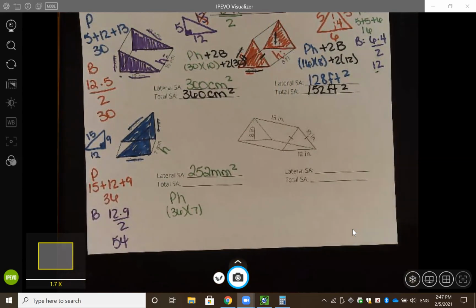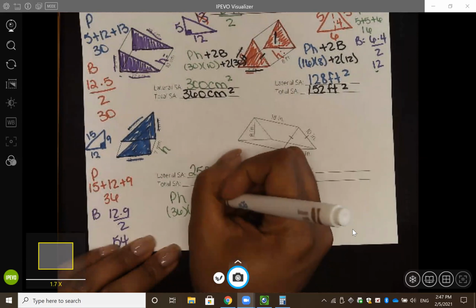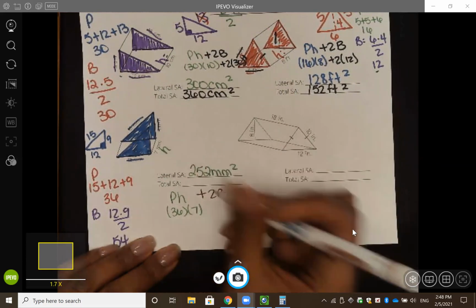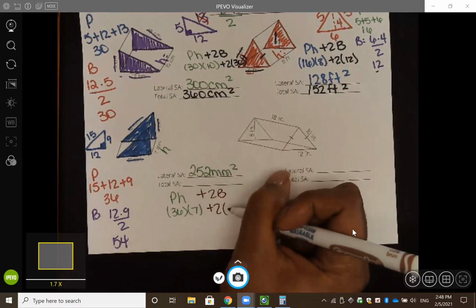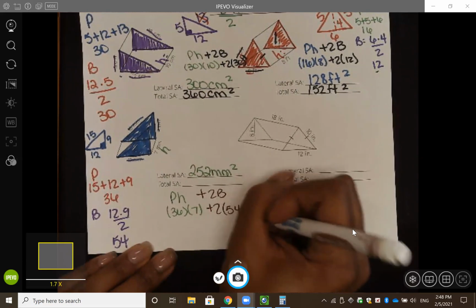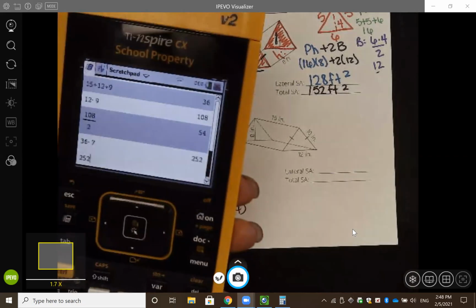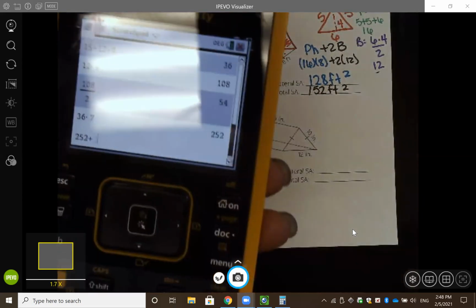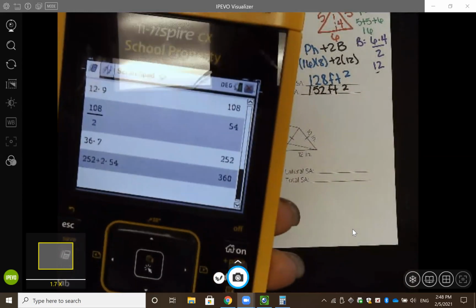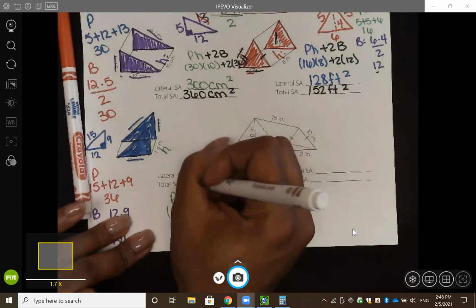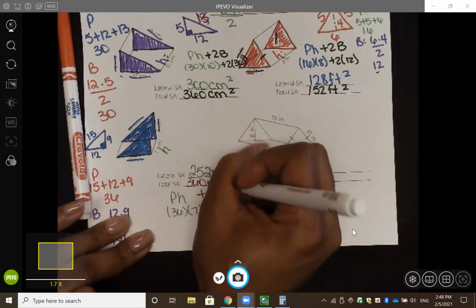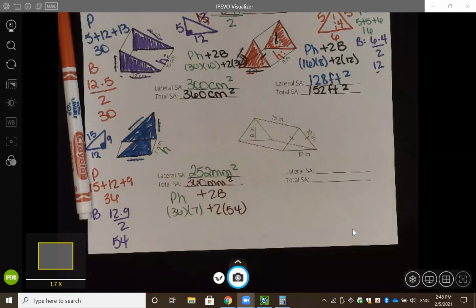And then of course to find total surface area, you just add the 2B to that. So add 2 and my big B is 54. So take my 252 and add 2 times 54 and we get 360 mm squared.